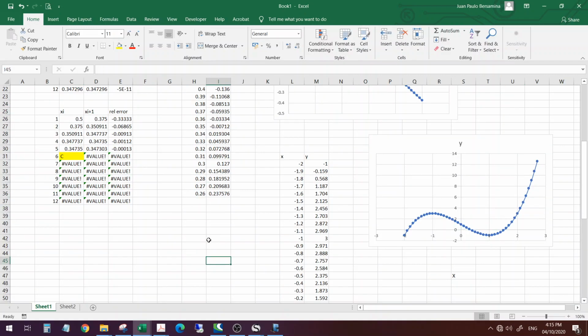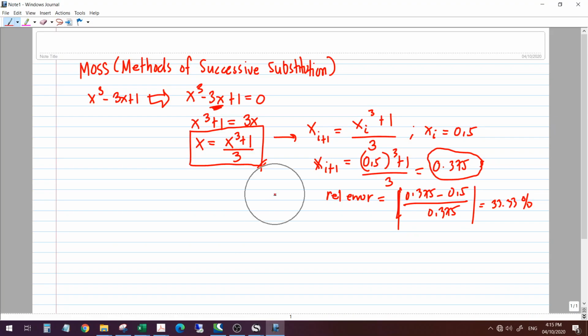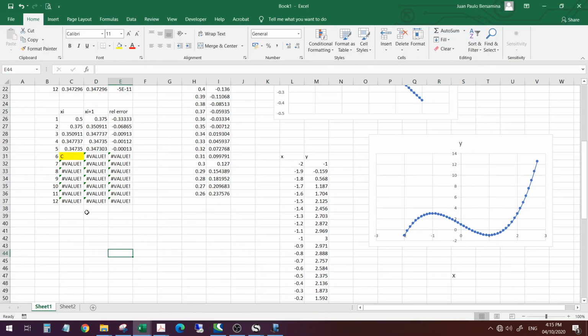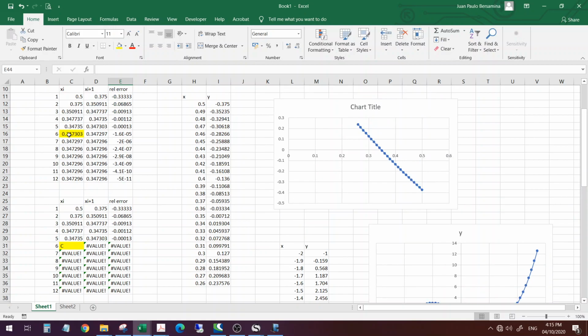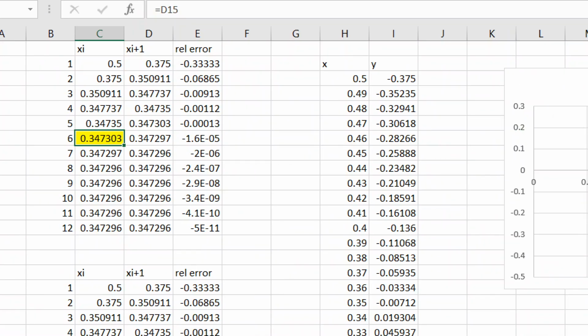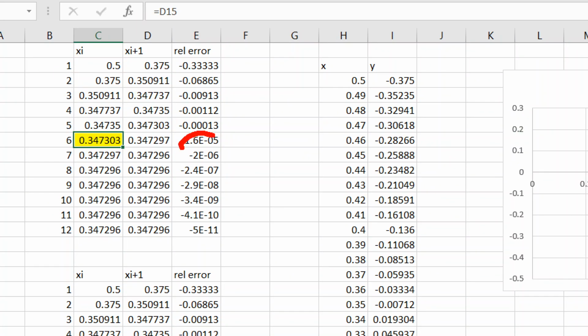Okay, so after getting our x from the method of successive substitution, which is 0.347, because our relative error is within the tolerable value that we set.